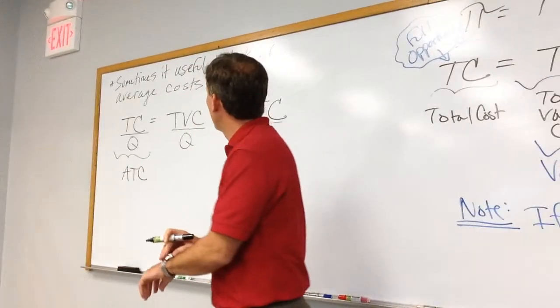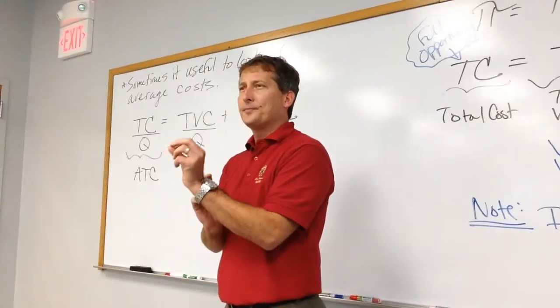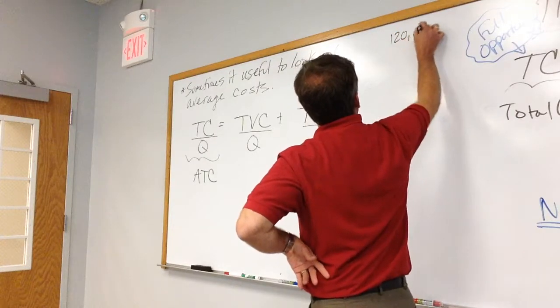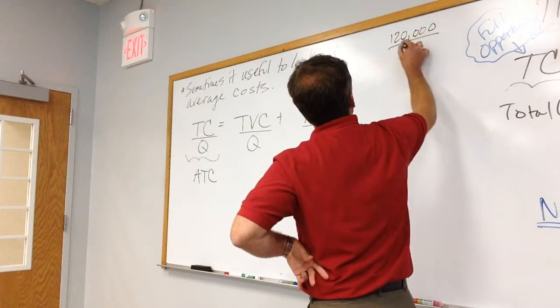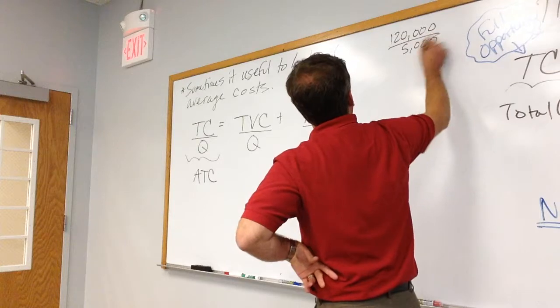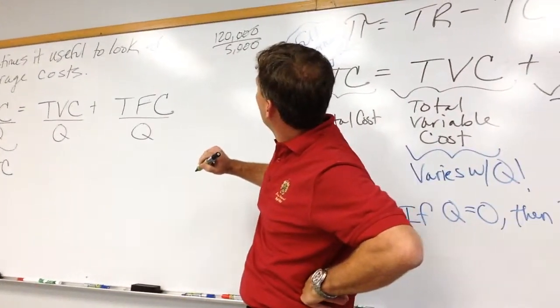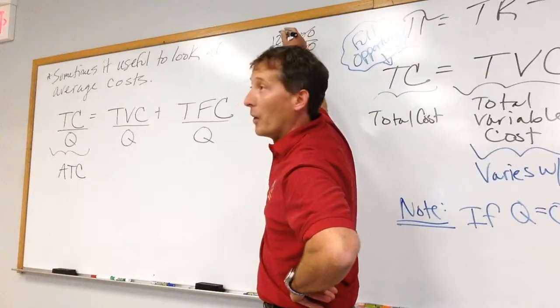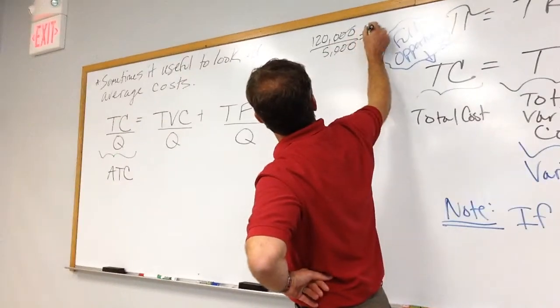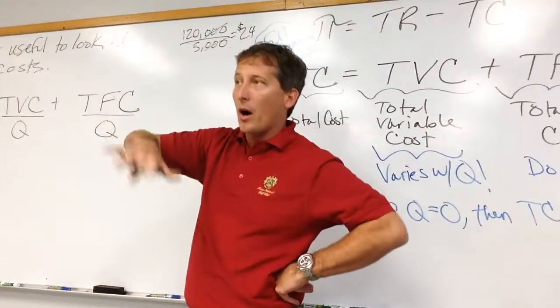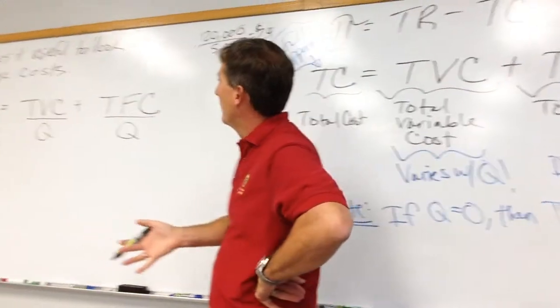5,000 beeps. What does that equal? 120,000 divided by the 5,000 beeps. 24. So we've got $24 per beep as our average cost per beep.